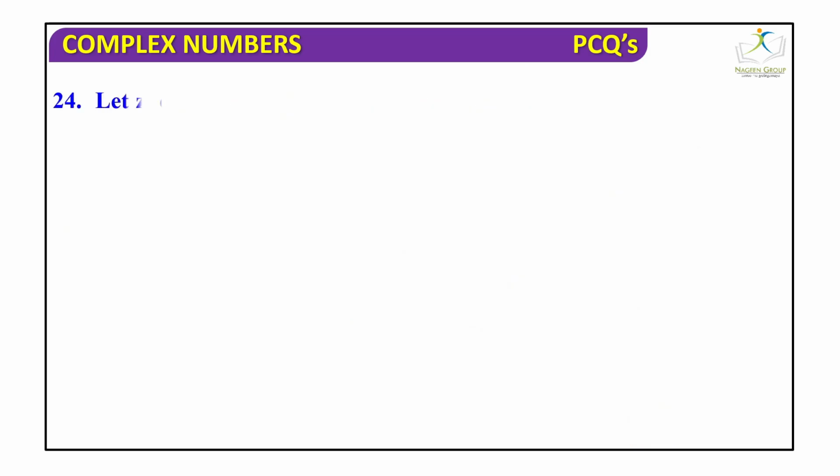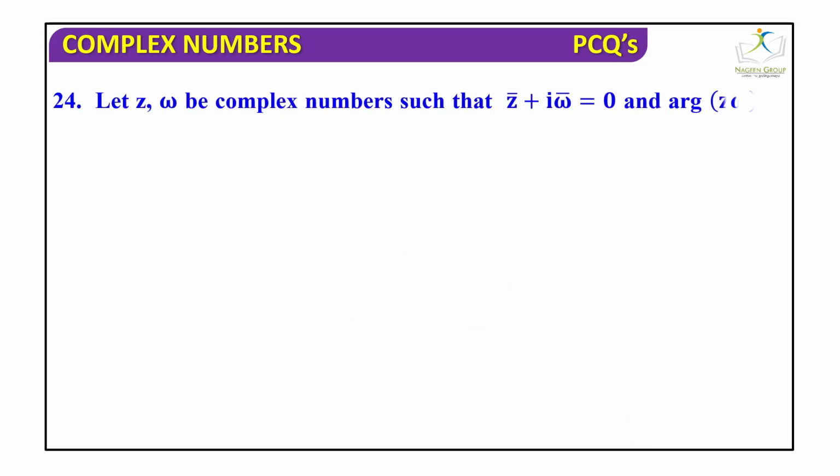Now next question. If z and omega are complex numbers such that z conjugate plus iota into omega conjugate equals 0, then argument of z into omega equals pi. Then to find argument of z.